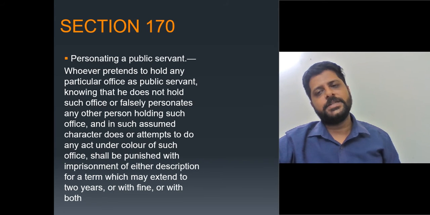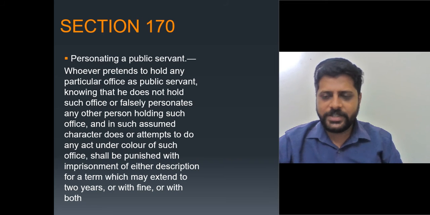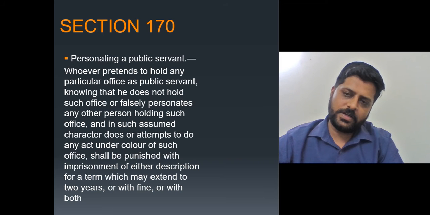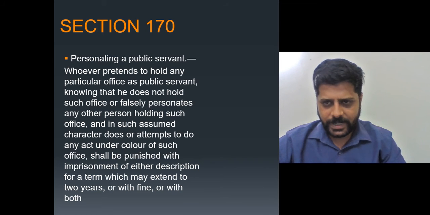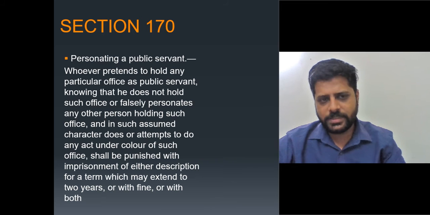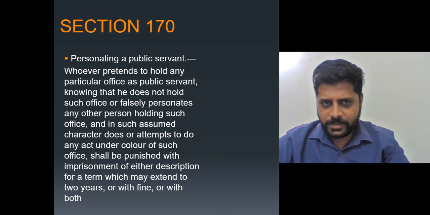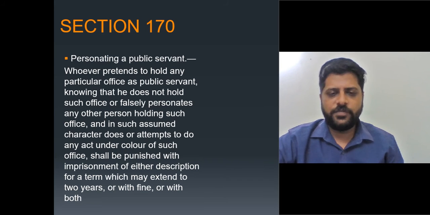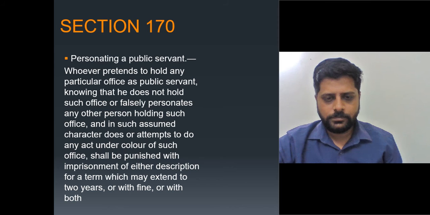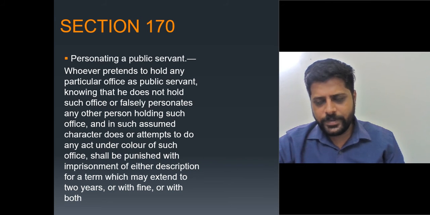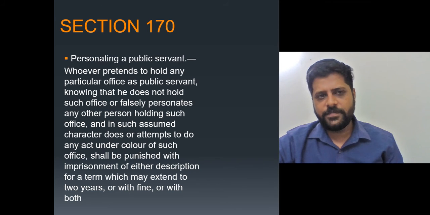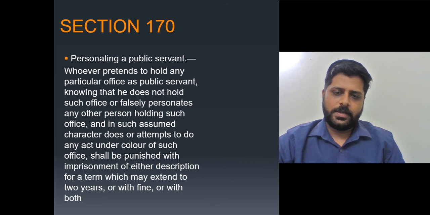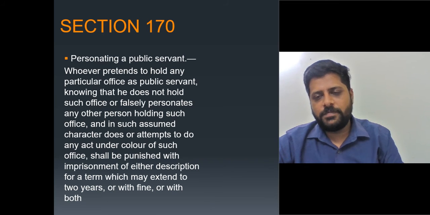So if a person personates himself as a public servant, then he shall be punished under section 170, and the punishment mentioned in section 170 is 2 years of imprisonment or fine or both. So I hope you have got the provisions relating to offenses relating to public servants.